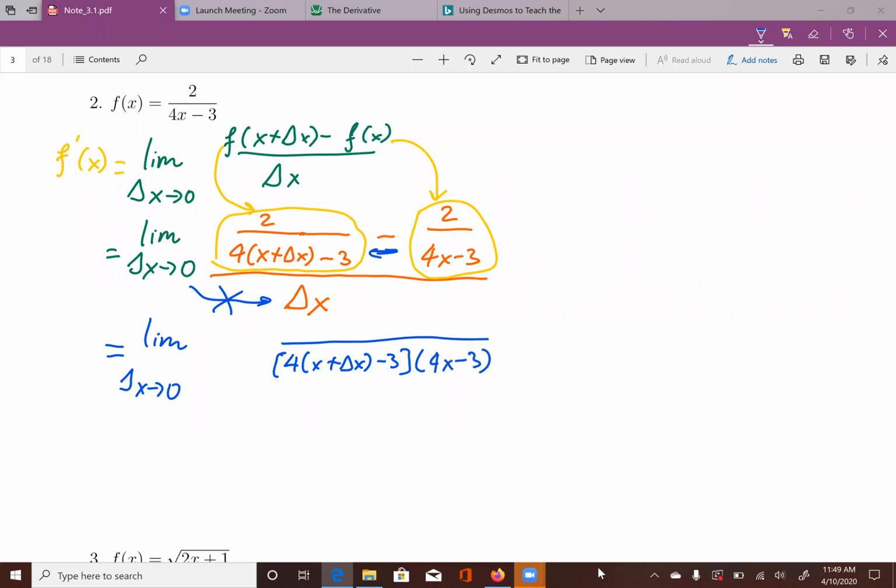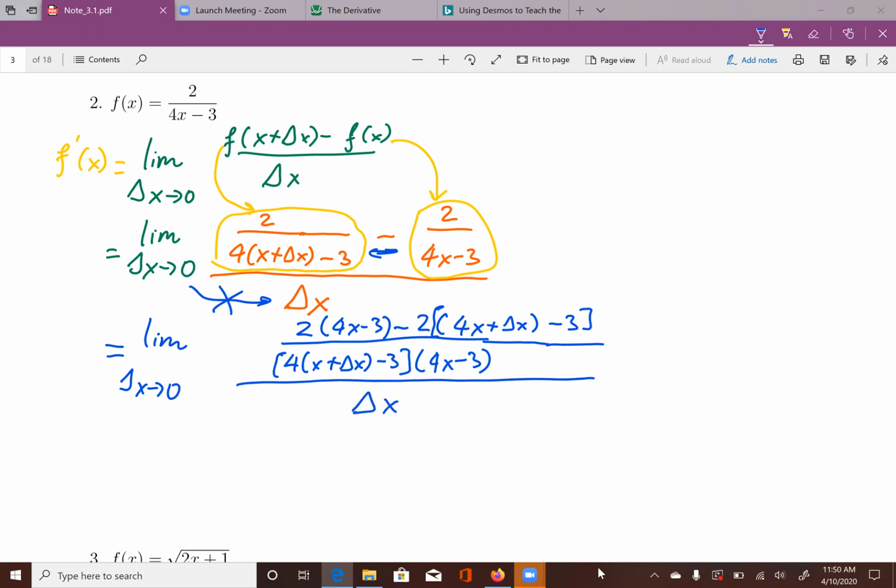And then the top is going to be 2 times 4x minus 3 minus 2 times 4x plus delta x minus 3. I want to have a bracket here. And everything I want to divide by delta x. If you're wondering how I came up with this numerator, I use the cross multiplication rule.